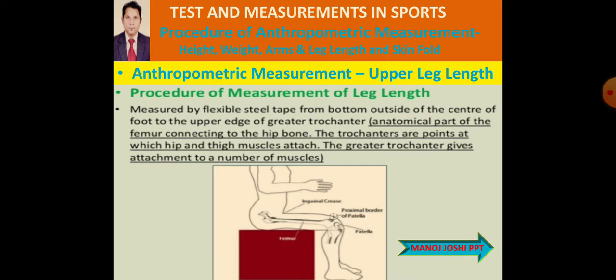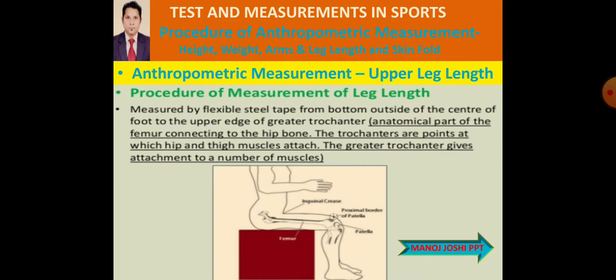The trochanters are the joint at which hip and thigh muscles are attached. The greater trochanter gives attachment to a number of muscles.